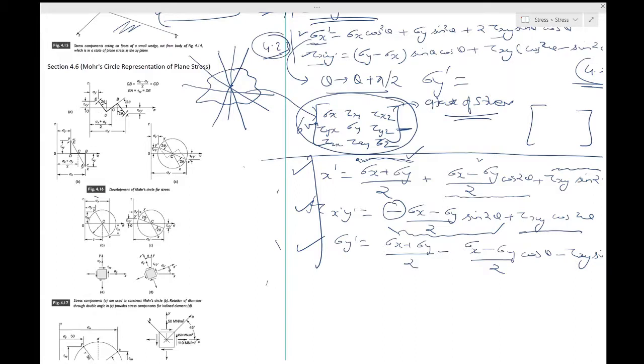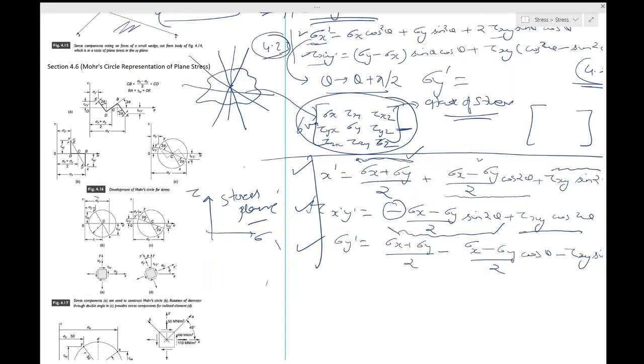This sigma and tau is called a stress plane, just like the x and y axes, abscissa and ordinate, with the normal stress sigma plotted horizontally and the shear stress tau plotted vertically.